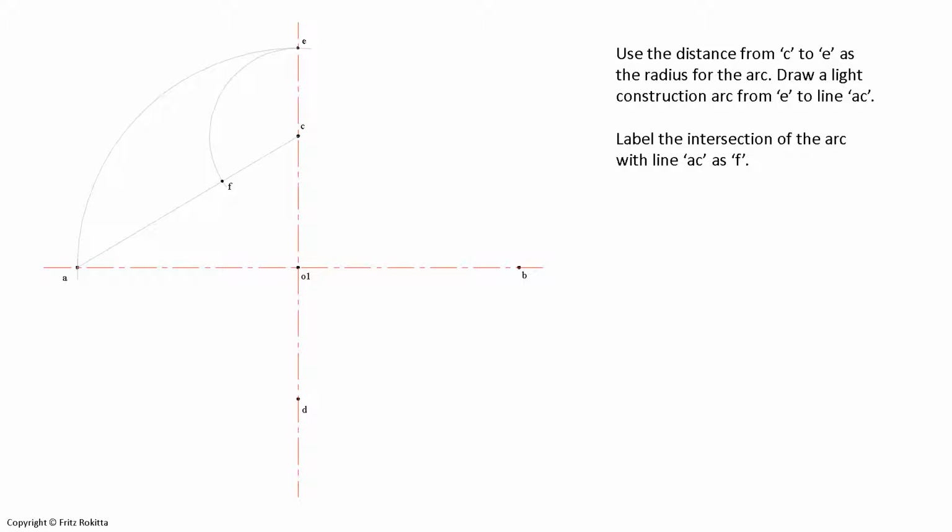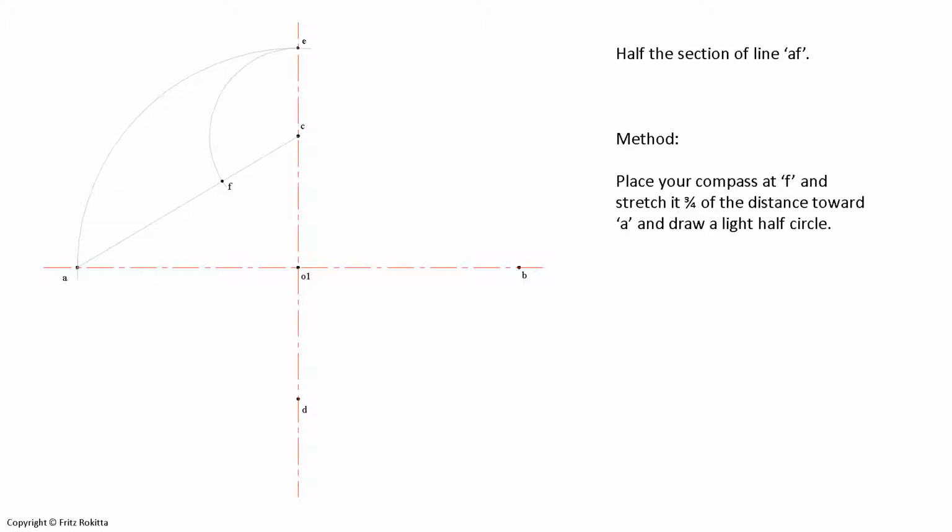And we will now label the intersection of the smaller arc point F. Now we will halve the section between point A and point F on line AC. Therefore, we will place our compass at point F, stretch it more or less 3/4 of the distance towards point A, and draw a half arc.